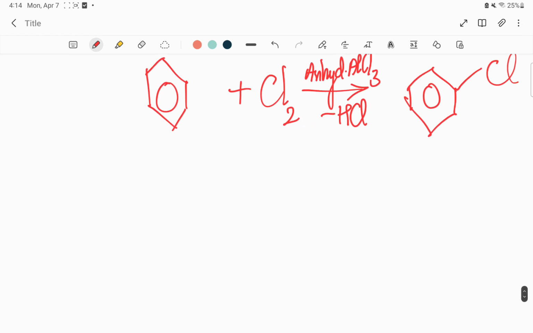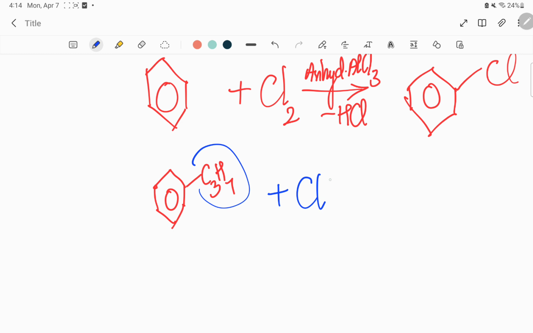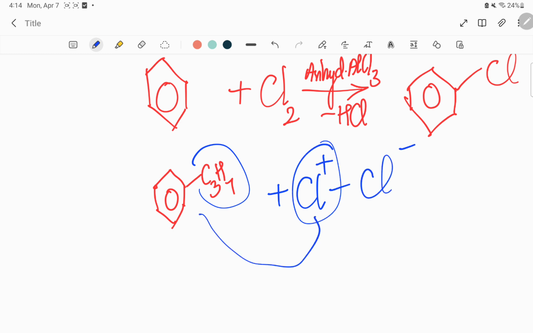If I'm taking some other benzene compound, let's say propyl benzene. Now you are aware that alkyl group is an electron donating group, and electron donating groups are ortho para directing. So as a result, the chloronium electrophile, which is going to attack the benzene ring, will be shifted to the ortho position and the para position.